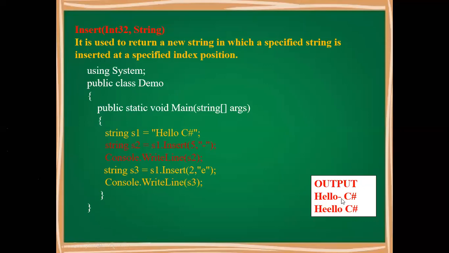Okay क्यों आया है? Because already वहां पे space है और Insert function कुछ remove नहीं करता है, वो as it is रखता है. लेकिन उसने क्या किया, fifth position पे dash put किया और आगे का space C sharp as it is रखा.